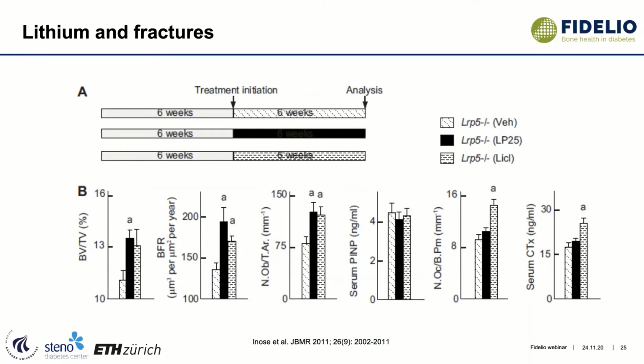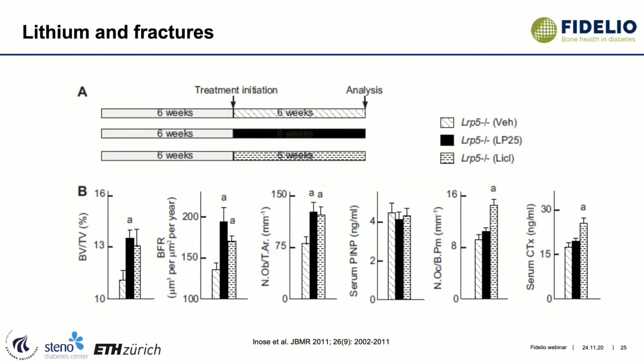You may either treat with a vehicle, that is saline, which is supposed to have no effect. You may also use something, LP25, which is supposed to bypass what you knocked out, or you may cultivate this with lithium chloride added, which is the striped ones.